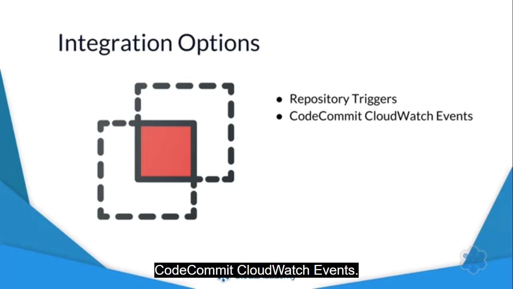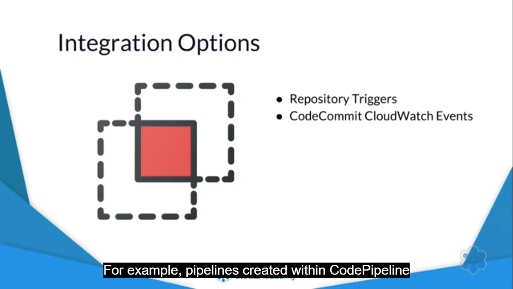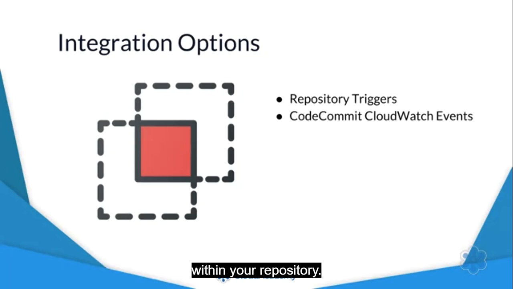CodeCommit CloudWatch events. CodeCommit integrates with CloudWatch events. This allows you to create event-driven workflows that trigger off particular events that occur within your CodeCommit repository. For example, pipelines created within CodePipeline can be triggered to execute when a commit takes place within your repository.